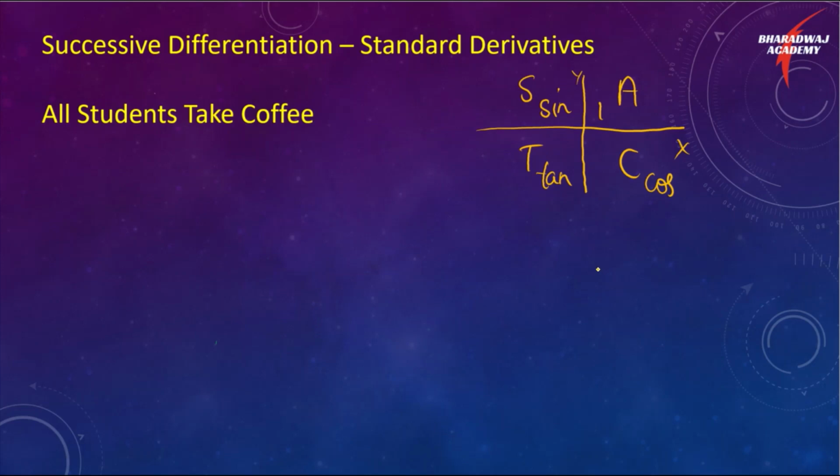This is a general mnemonic which has been taught to help you understand the signs of the trigonometric ratios. Remember when I said whether n is odd or even? n is an even number. But why did we take this?